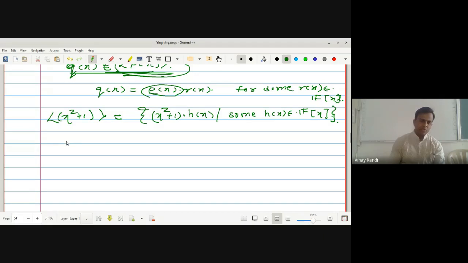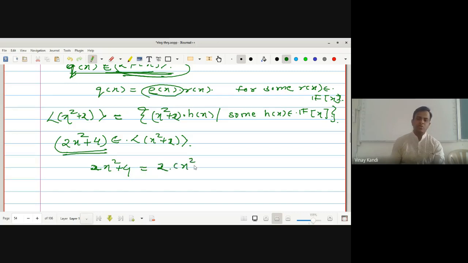Now look here. Suppose 2x square plus 4 belongs to the ideal generated by x square plus 2. So this element we can write in the form 2x square plus 4 is equal to 2 into x square plus 2, where h of x is the constant polynomial 2.